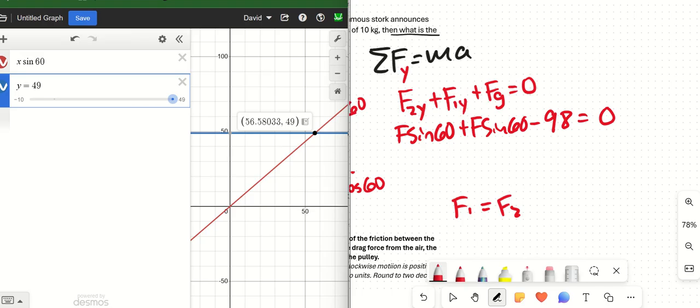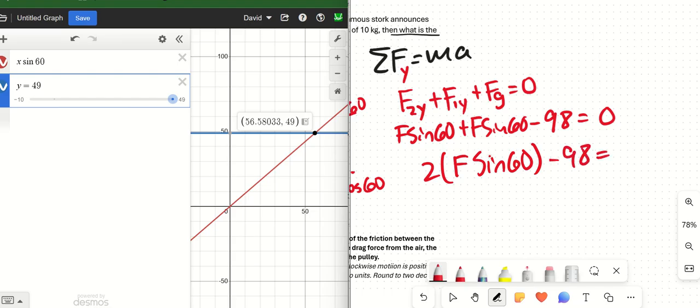All right, so I'm going to change this to 2 F sine 60 because we have repeated addition. So 2 F sine 60 minus 98 is going to be equal to 0.